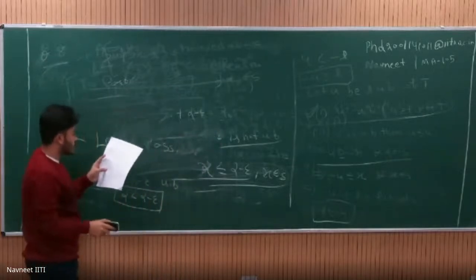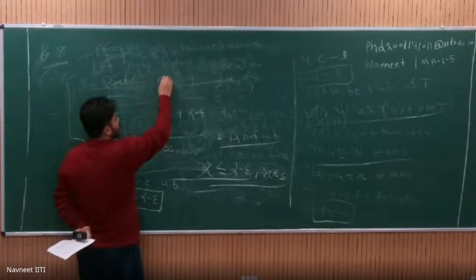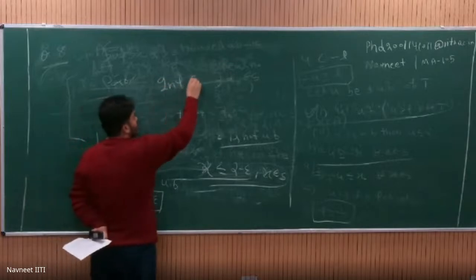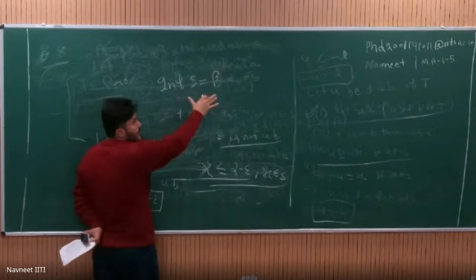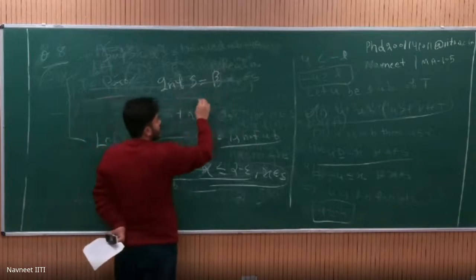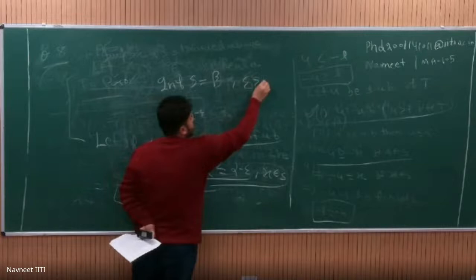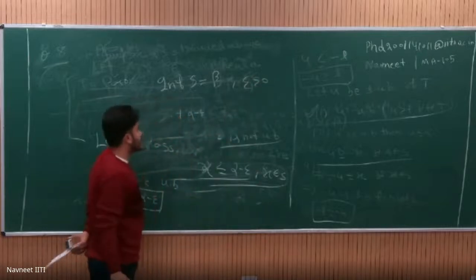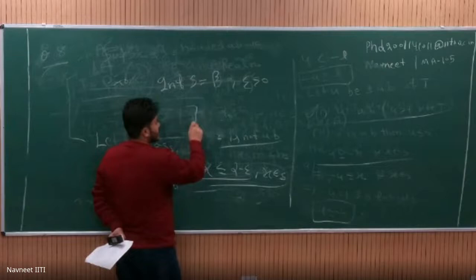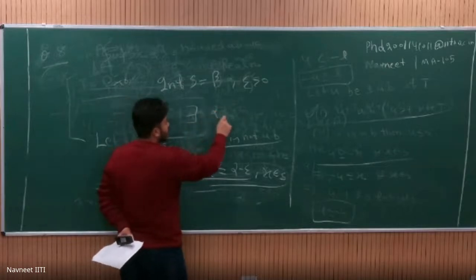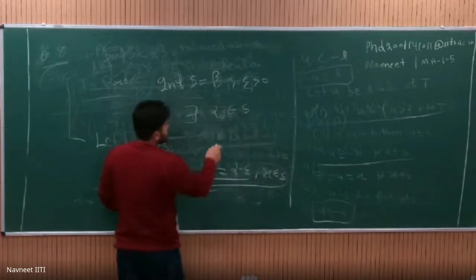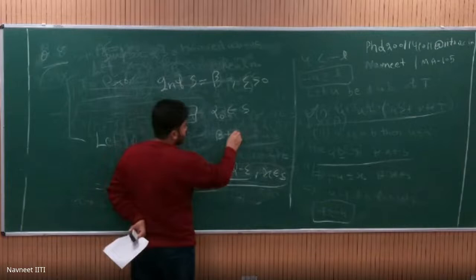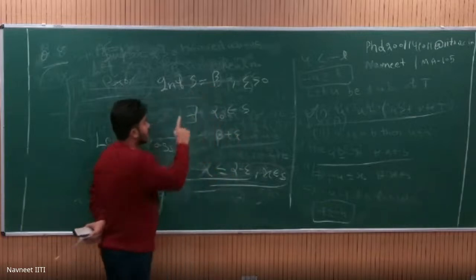Sorry, bounded below subset of R. That means this wants to say, actually, let me write, if the infimum of some set S is, say, beta, then for any epsilon greater than 0, if we take some epsilon greater than 0, there must exist some alpha naught belonging to the set S such that this beta plus epsilon is not a lower bound, because beta is the greatest lower bound.